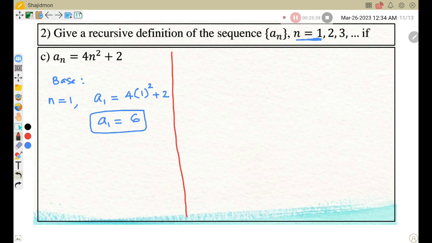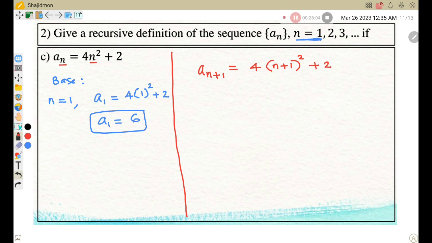Hope you understood. Now the recursive step, a_{n+1} we need to calculate. That means we need to replace n by n plus 1. Wherever n is coming, you need to replace it by n plus 1, correct? So how to write that one? 4 times, instead of n we are writing n plus 1 whole square, plus 2.